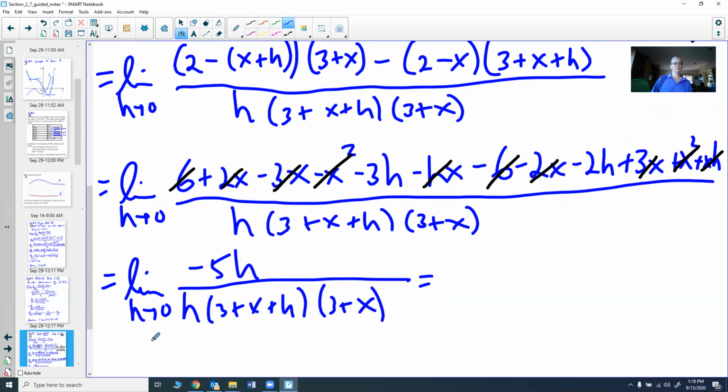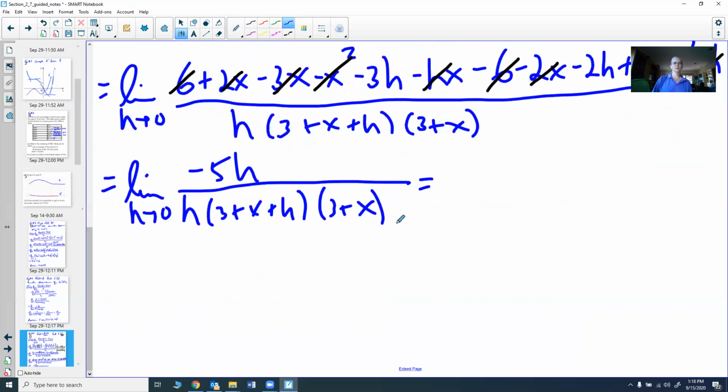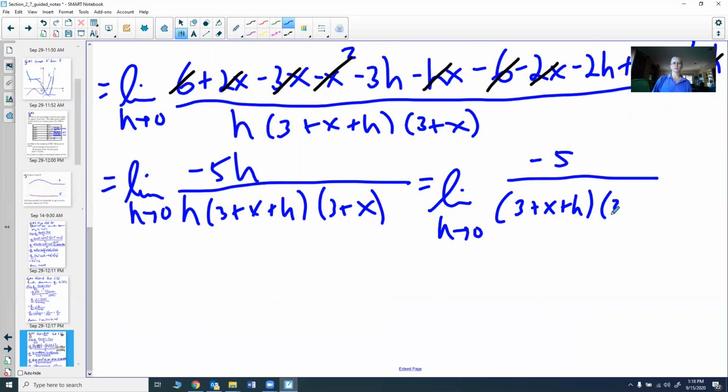Again, you can now cancel the h. So we have the limit as h goes to 0 of negative 5 in the top and 3 plus x plus h times 3 plus x in the bottom. Now we let h go to 0.